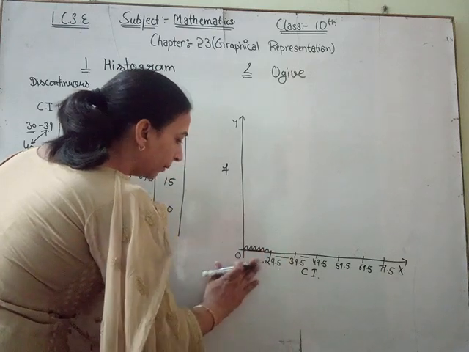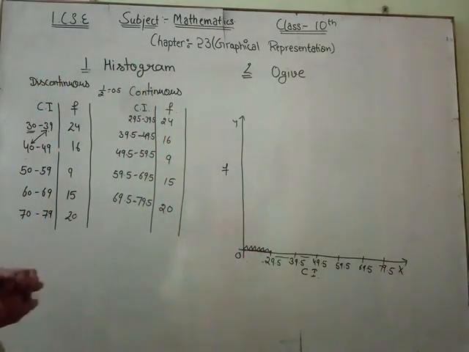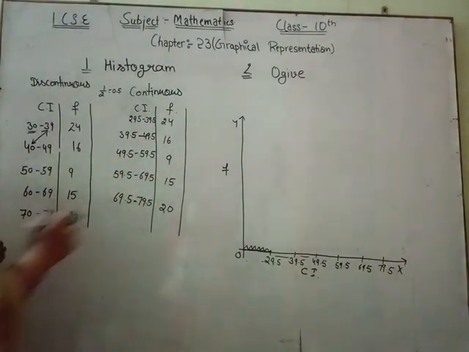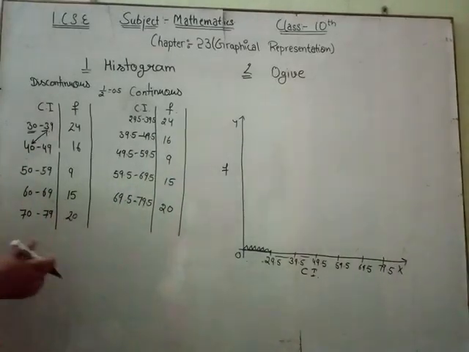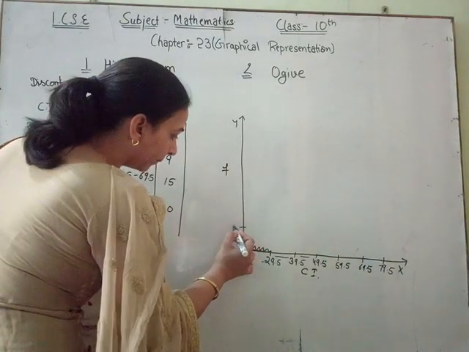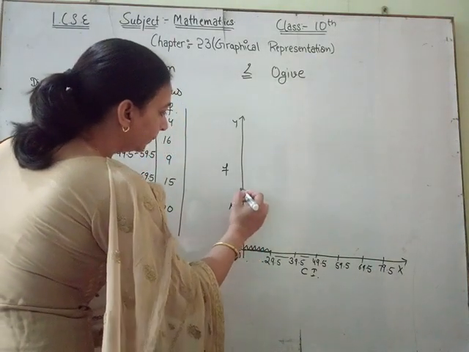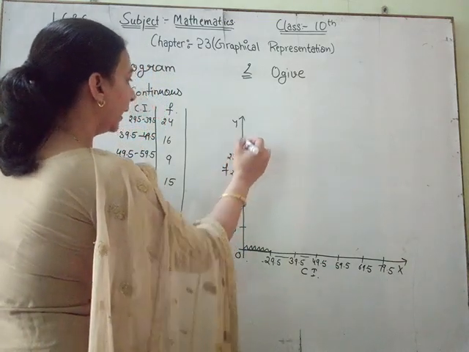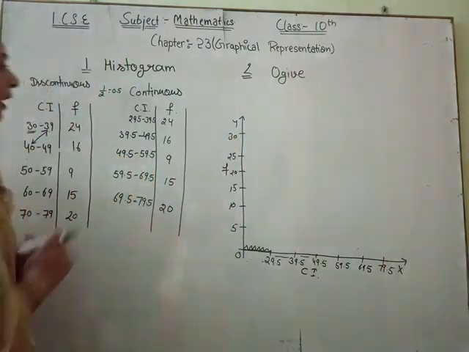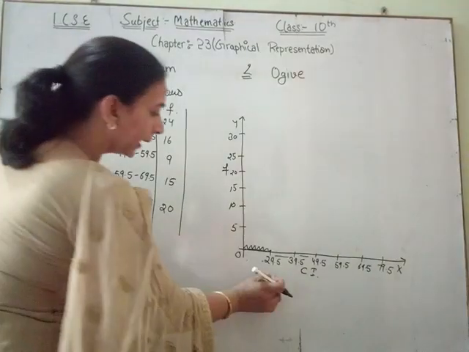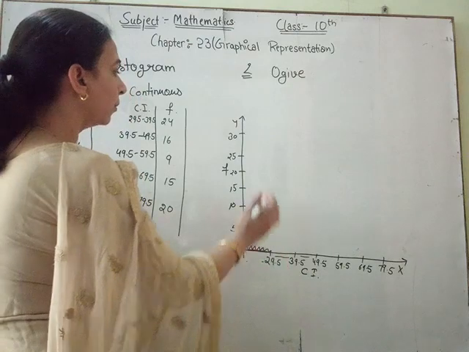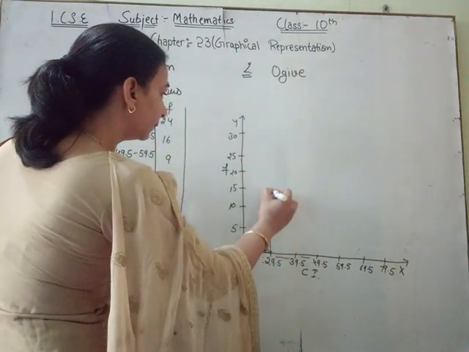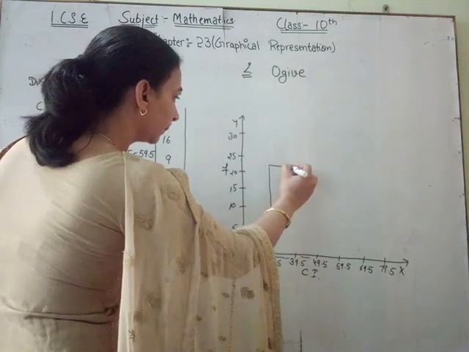Students, you know about this. Again, first is 29.5 to 39.5 with frequency 24, then 16, 9, 15, 20. Then I take a 5 unit difference: 5, 10, 15, 20, 25, and 30. First is 29.5 to 39.5 with frequency 24.